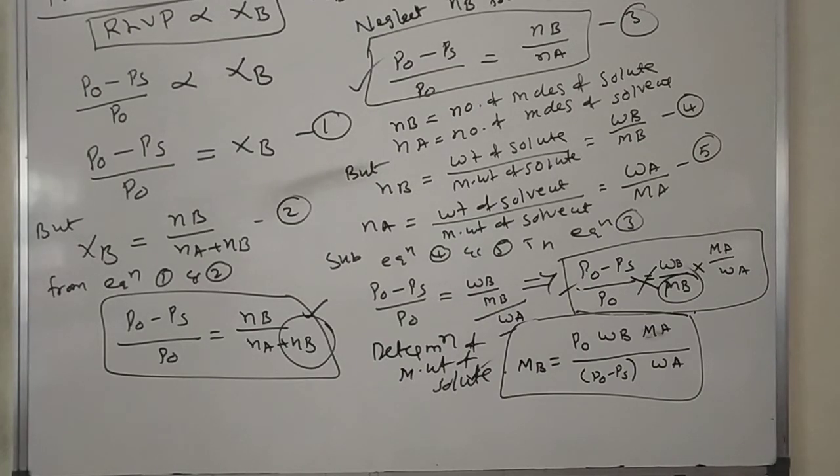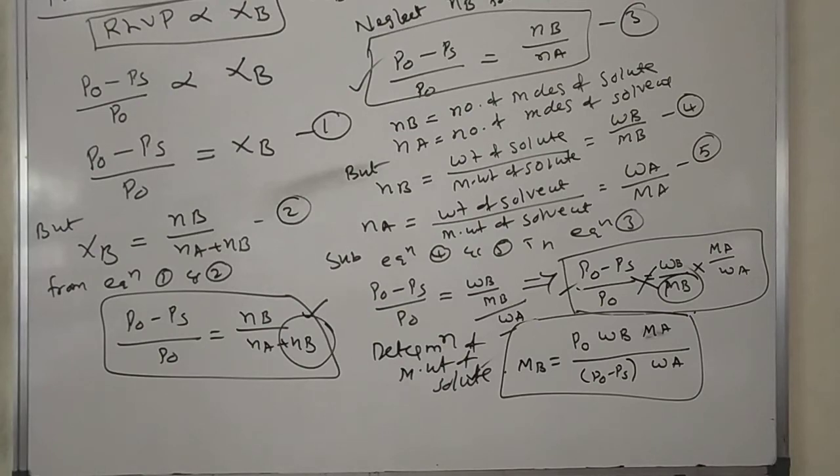Second demerit: if the solute associates or dissociates in the solution, there is no lowering of vapor pressure. It fails to explain the case when a non-volatile solute associates or dissociates in the solvent. This is one more demerit.